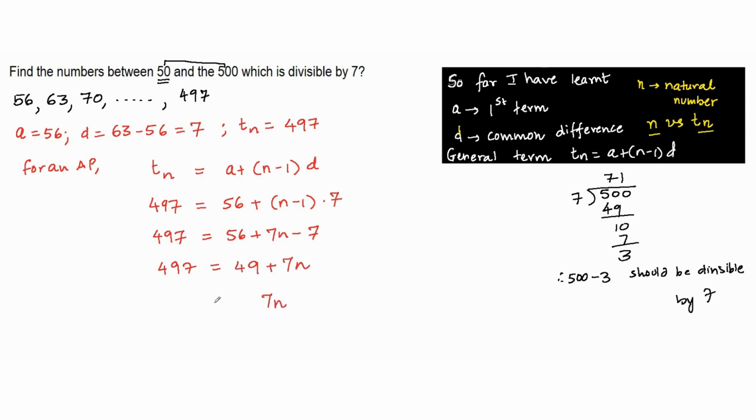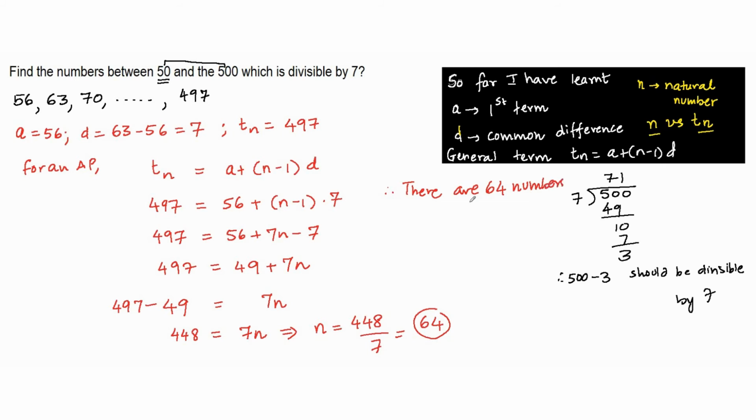And therefore 7n is equal to 497 minus 49, and this value is going to be 448. So 448 is equal to 7n, which implies that n is equal to 448 divided by 7, which equals 64. And therefore I can say that there are 64 numbers.